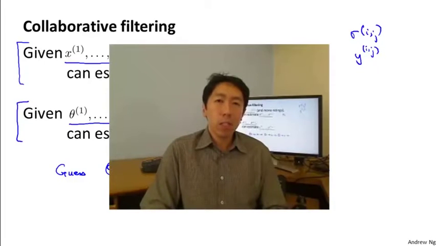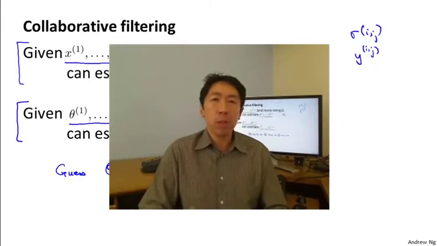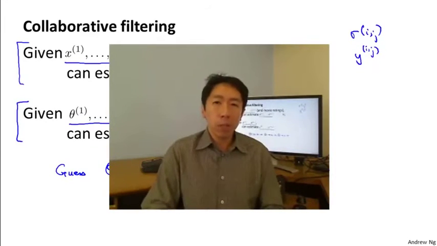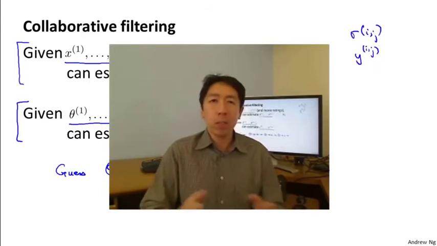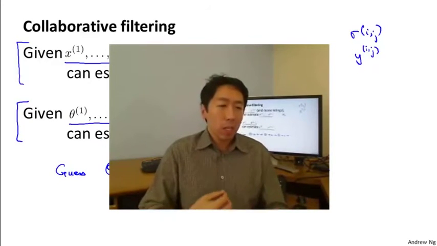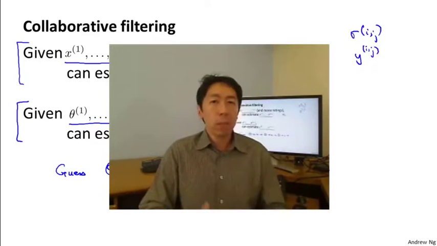So to summarize, in this video we've seen an initial collaborative filtering algorithm. The term collaborative filtering refers to the observation that when you run this algorithm with a large set of users, all of these users are effectively collaborating to get better movie ratings for everyone, because with every user rating some subset of the movies, every user is helping the algorithm a little bit to learn better features.